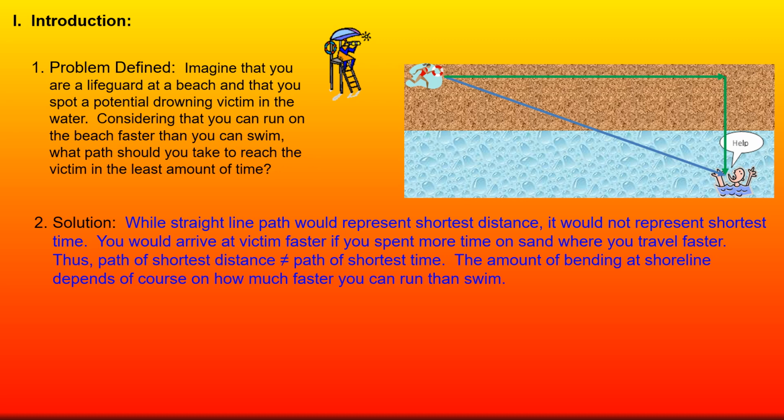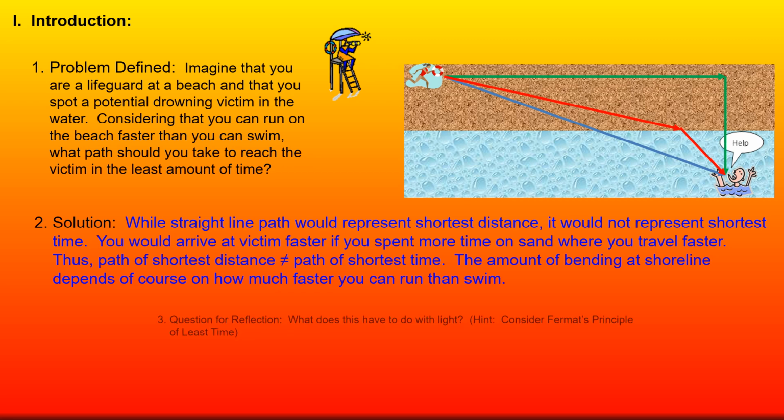So the amount of bending at the shoreline really depends, of course, on how much faster you can run than you can swim. So the actual path of least time is probably going to represent a balance between the green path I'm showing you here and the blue path. And of course, the actual path is going to depend upon your speed in the sand as well as your speed in the water.